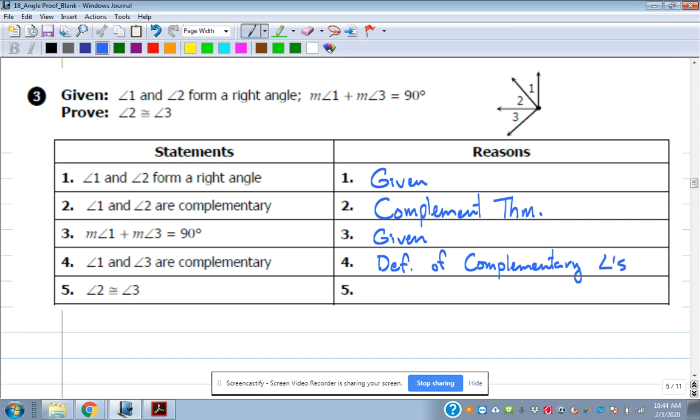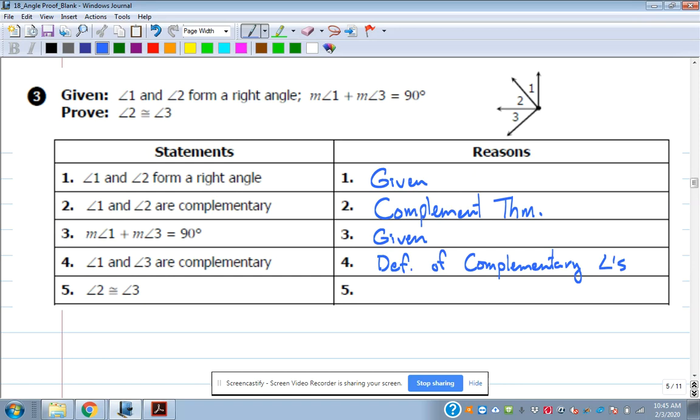But one of them involves adding them together to equal 90 to be a complement. The other one says they make a right angle together, not that they add to be 90. Because 2 angles can be complementary and not be inside of a right angle. Like you could have one angle over here and then another angle somewhere off the page over here, and they could add to be 90, be complements of one another, but they may not form a right angle out of that.